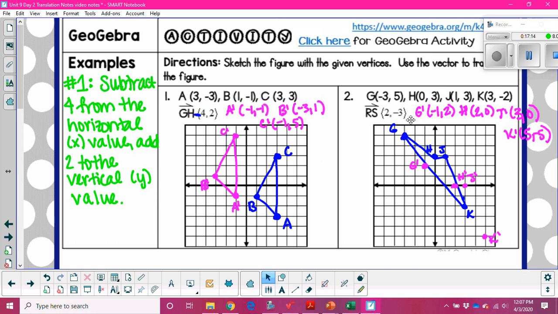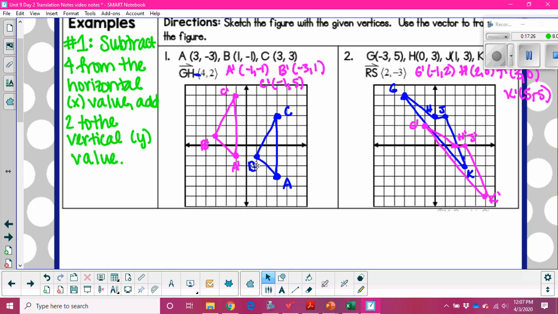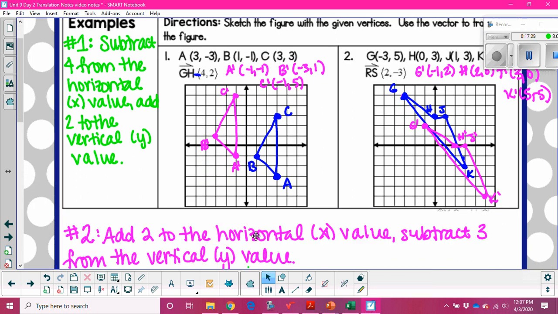There is the translation. So for number 2, all we did was add 2 to the x value and subtract 3 from the y value for each of the original points to get our image.